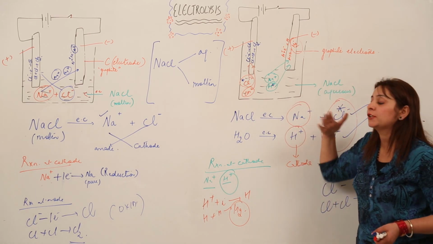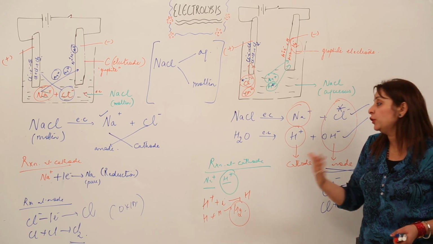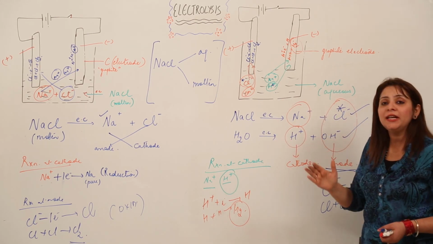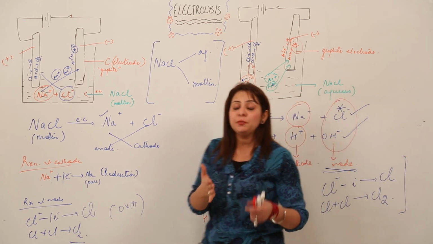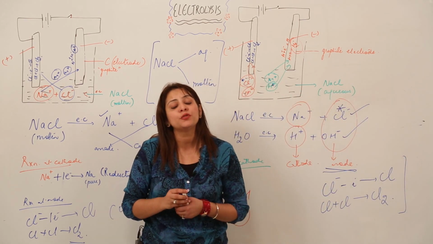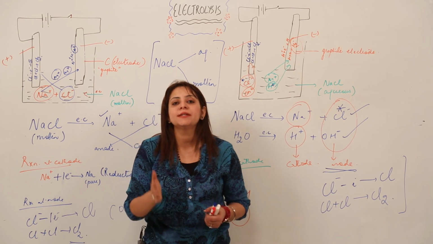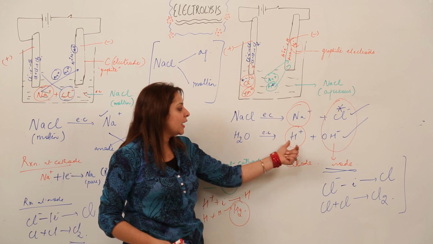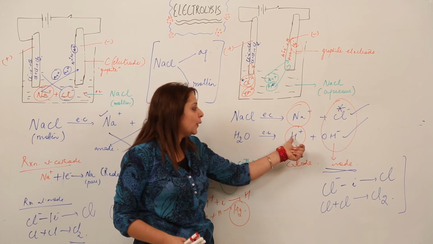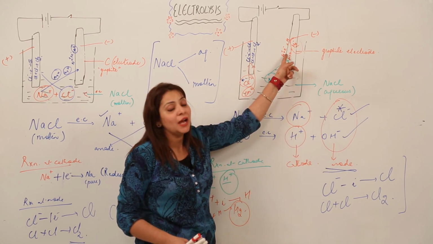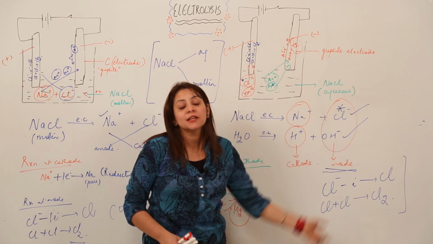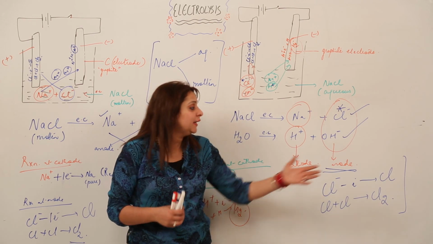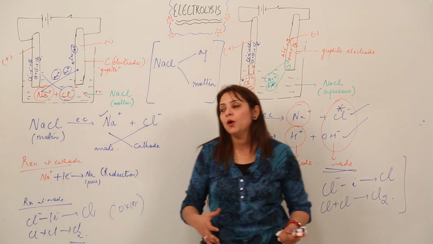So the electrolyte got dissociated and the water also got dissociated, and as more than one type of ion moved to an electrode, the ion with the lower electric potential is discharged. Out of Na and H, H has the lower electric potential, so the reduction occurs only for the H ion. Similarly, the chloride ion has the lower reduction potential, that is why it is oxidized, not the hydroxide ion. So this is how the difference lies.